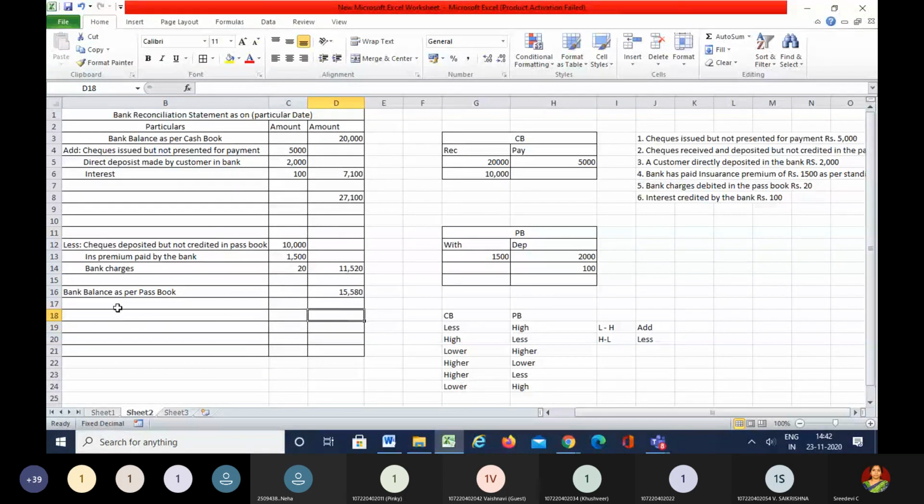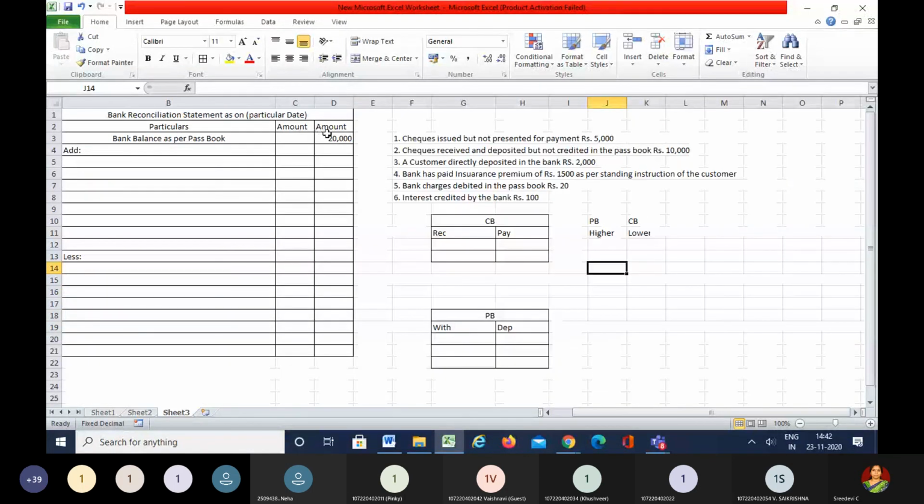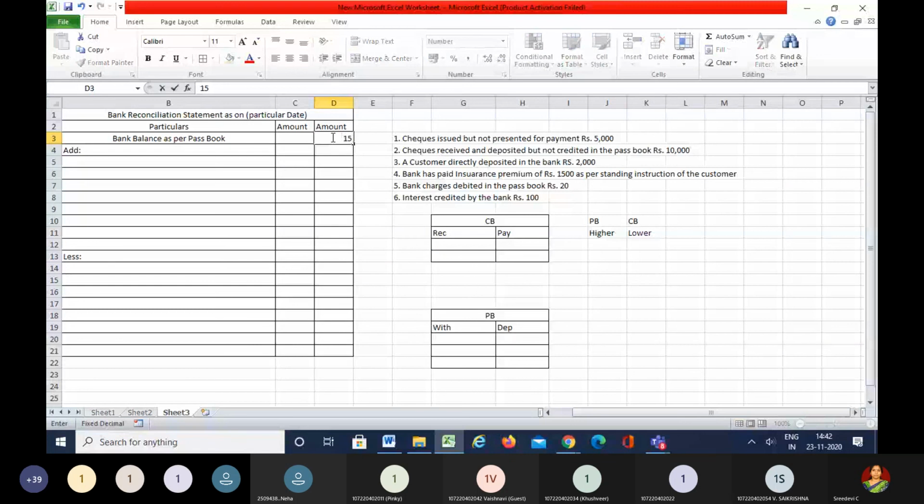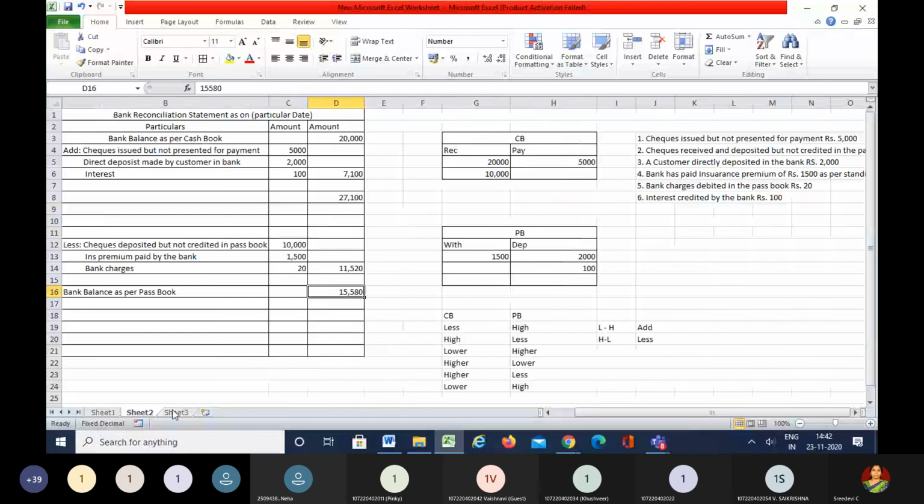You got some balance, right? So balance 15,580, right? Here I'm changing it to 15,580. If the balance as per the passbook is 15,580, the balance as per the cash book should be 20,000. Then you are absolutely right. Got it?